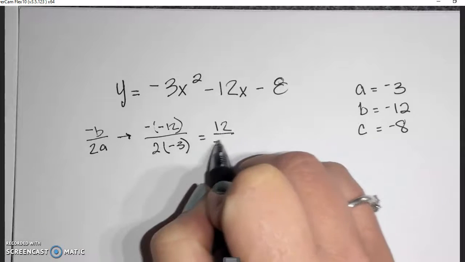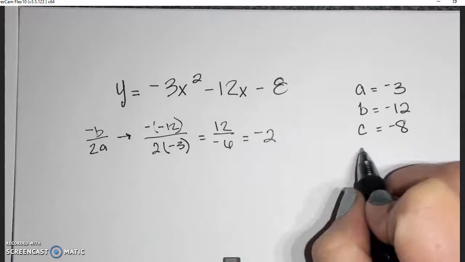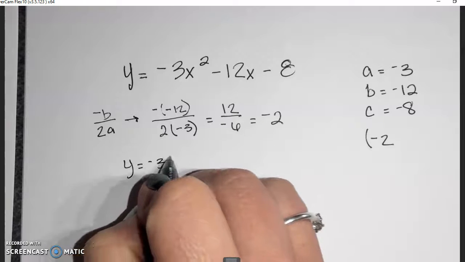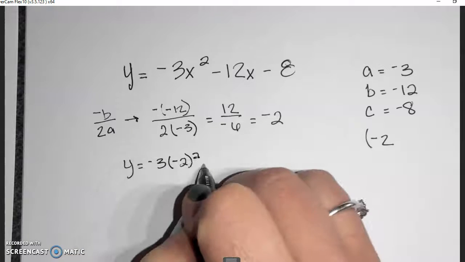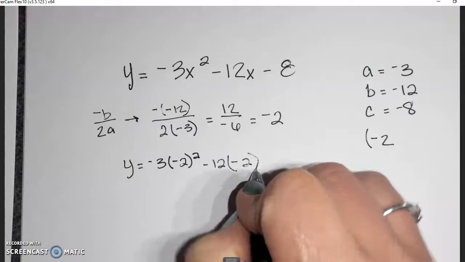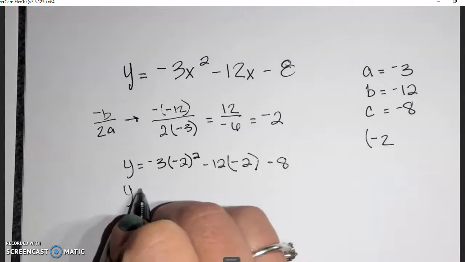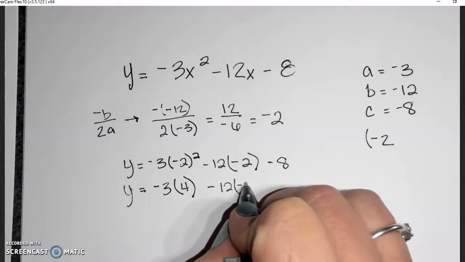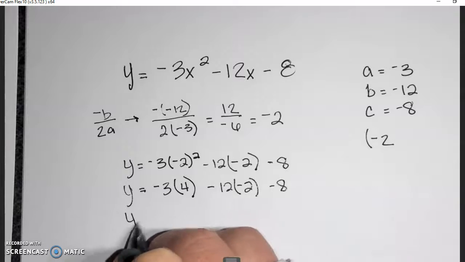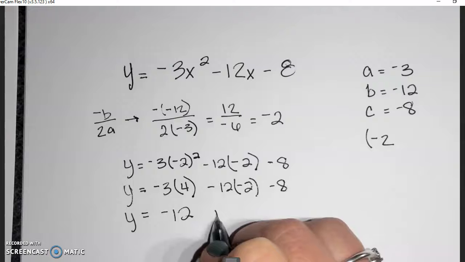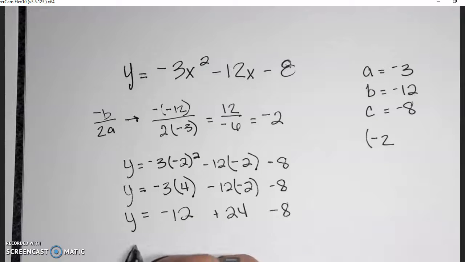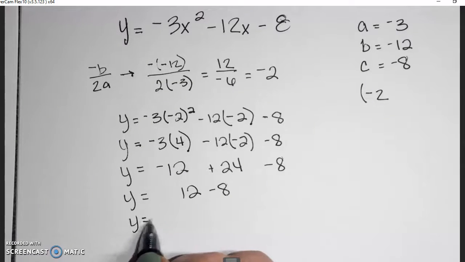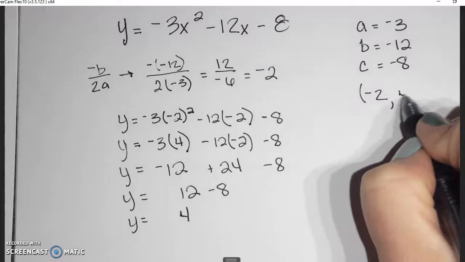Positive 12 over negative 6 means that my x of my vertex is negative 2. So now we plug that in. Negative 3 times negative 2 squared, minus 12 times negative 2, minus 8. Negative 3 times 4 is negative 12, plus 24, minus 8. Positive 12 minus 8. So my vertex is negative 2, 4.